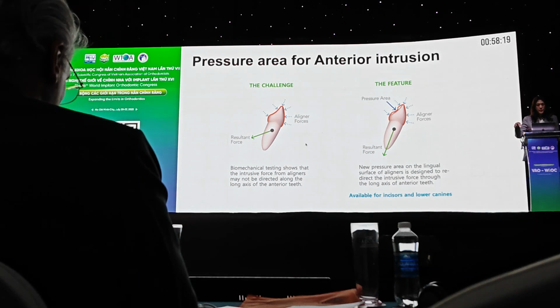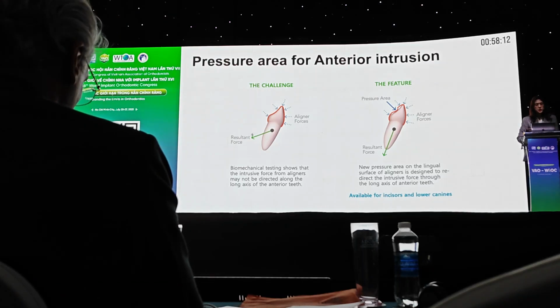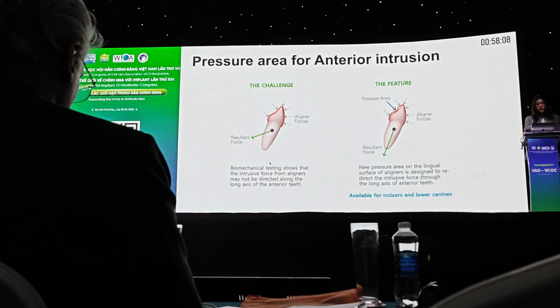Lower incisors, the resultant force was not pure intrusion. The resultant force vector was retraction and intrusion. And Align realized this is one of the reasons that it's so difficult to intrude the lower incisors.